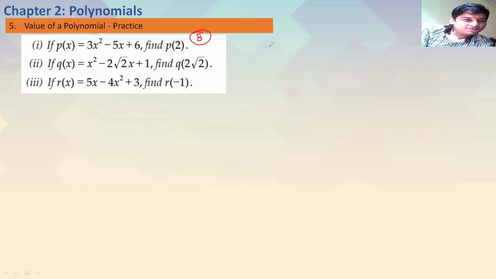Next one, 4 into 2, 8 minus 2 root 2 into 2 root 2 minus 1 plus 1. Second one is 1. Yeah, seems so.